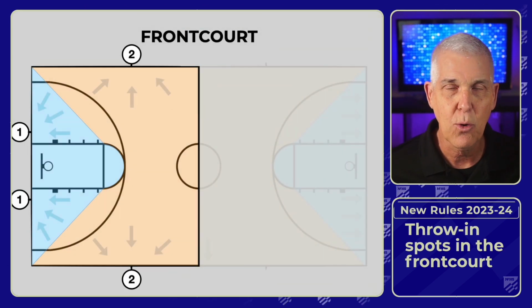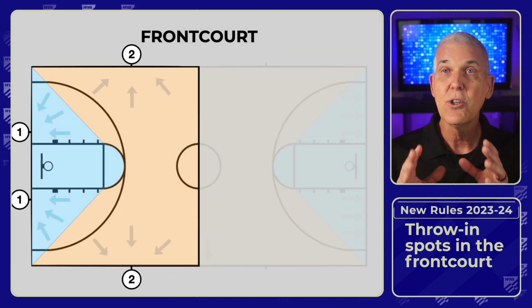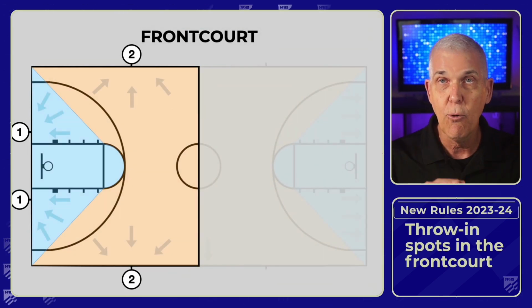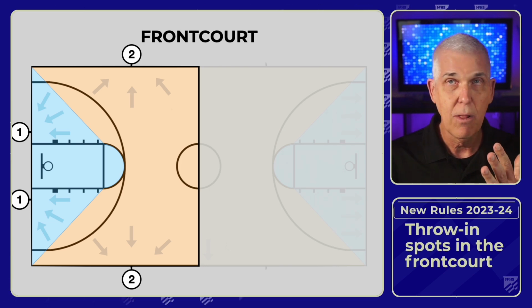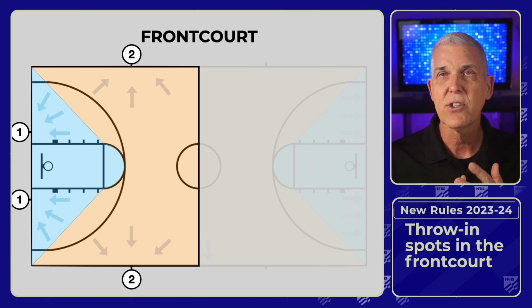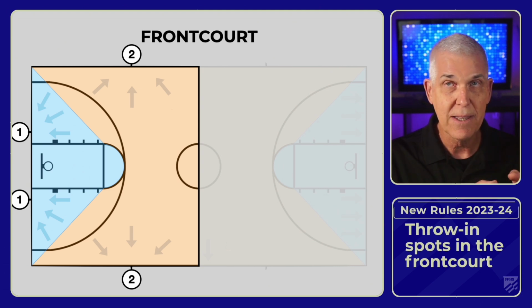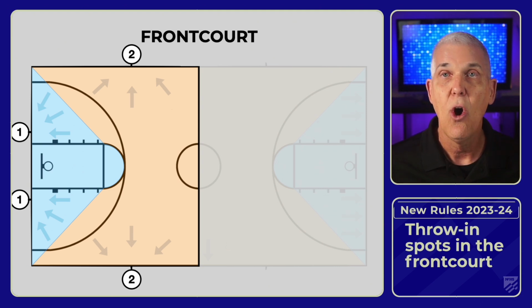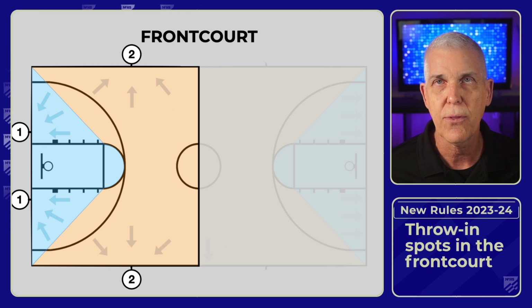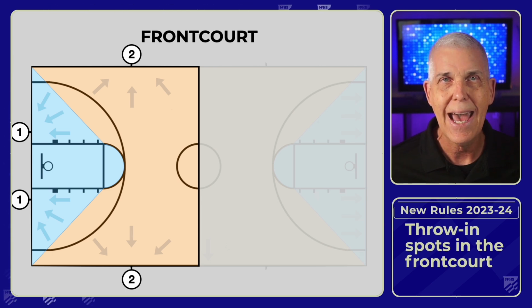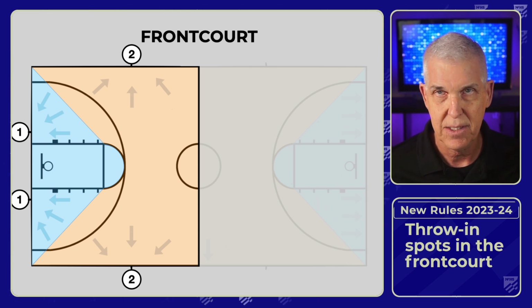But if it's a front court throw-in, we're going to go always to one of the 4 spots for a foul, a violation, or any other stoppage of play. Obviously, out of bounds in the front court will be at the spot nearest where it went out of bounds. All other front court throw-ins will be at one of the 4 spots.